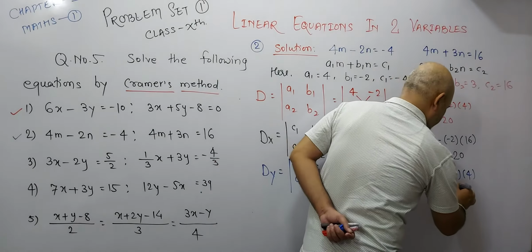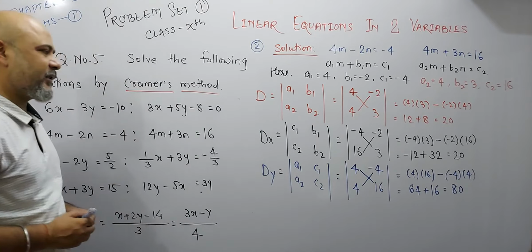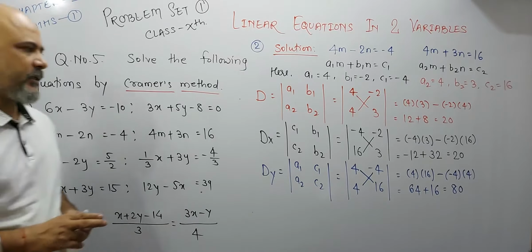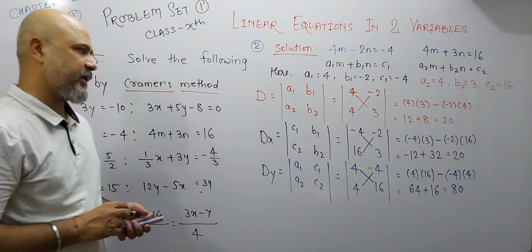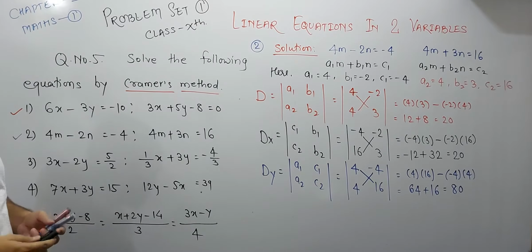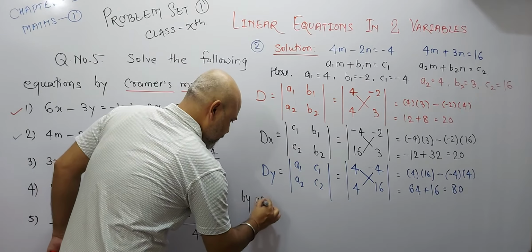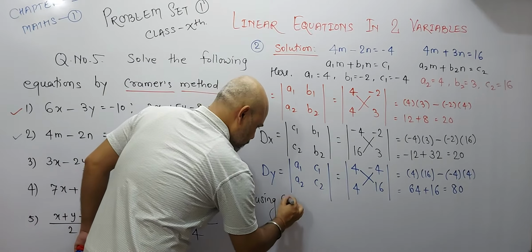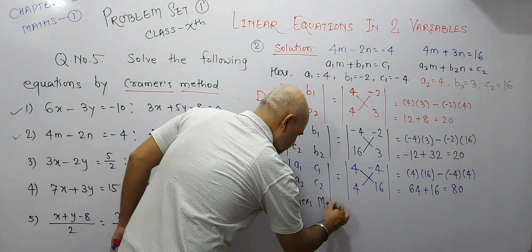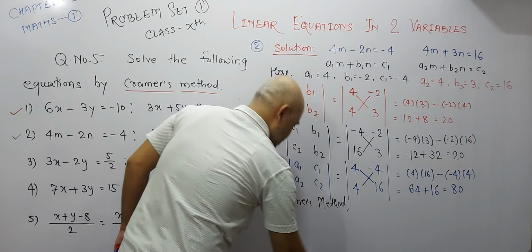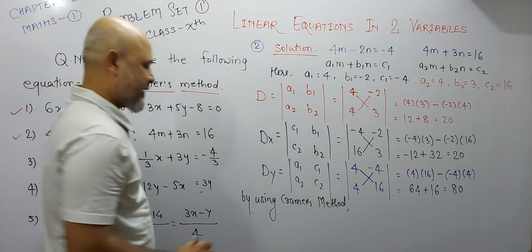This will be 80. So here you have the value of d is 20, dx is 20, and dy is 80. And now by using Cramer's rule, or Cramer's method, you will find the value of x and y.